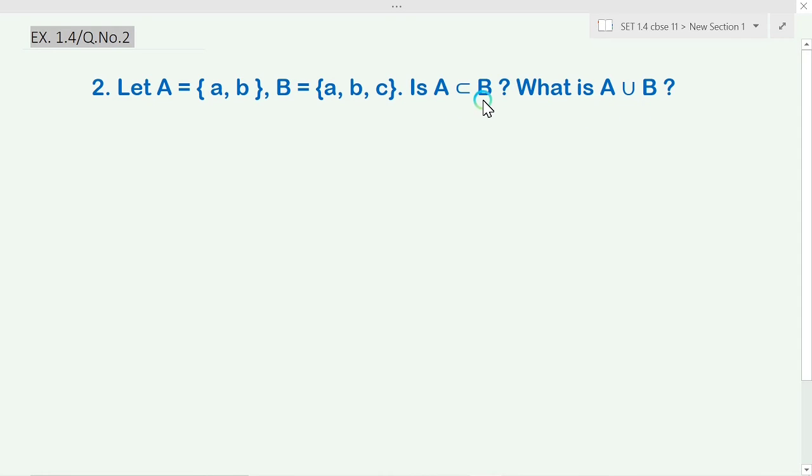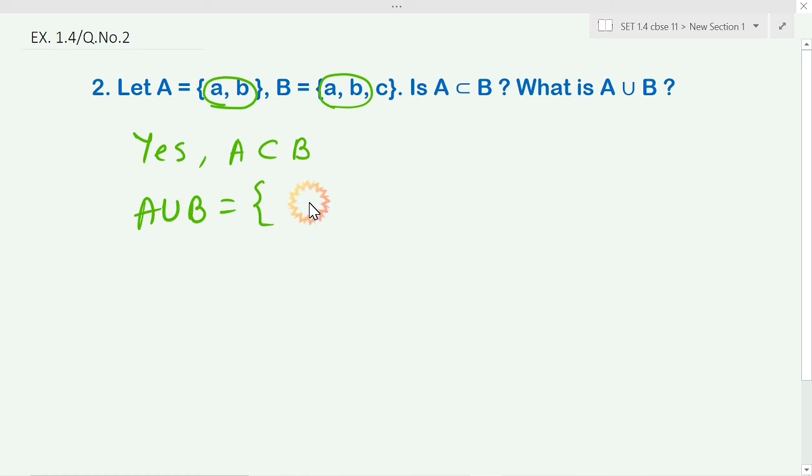Yes, A is a subset of B, because the elements of A are also elements of B. Now A union B. For A union B, first of all we have to write the common elements.